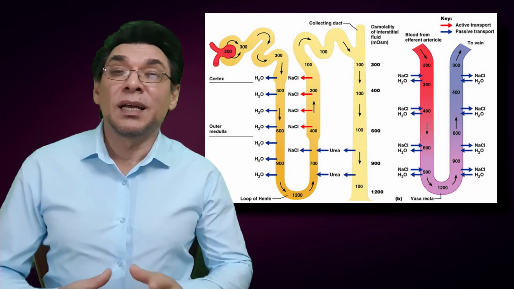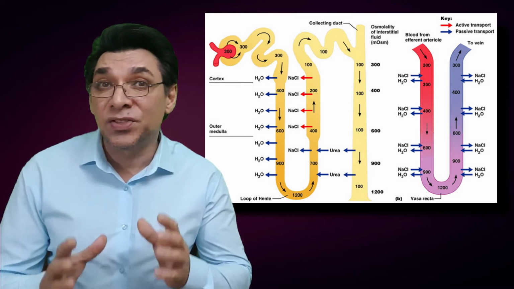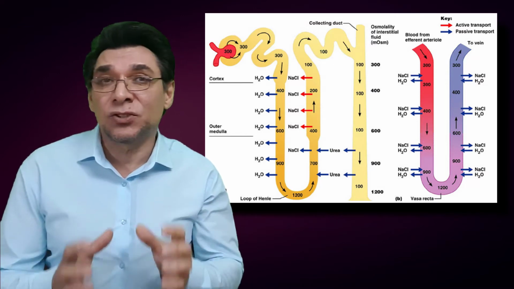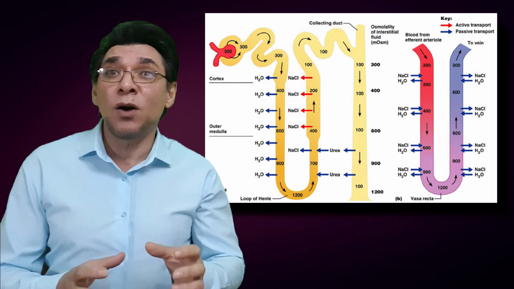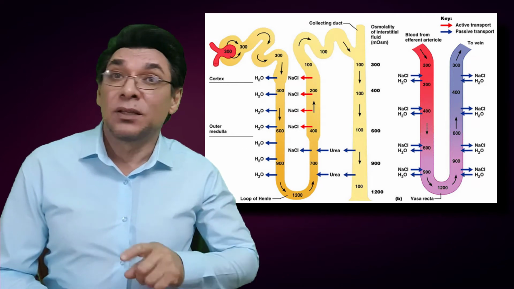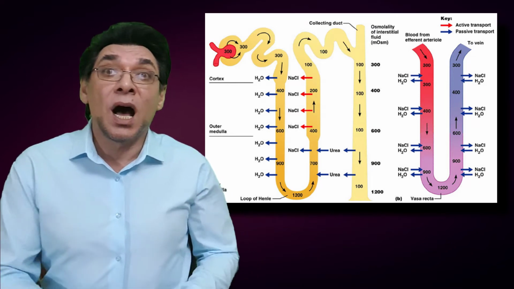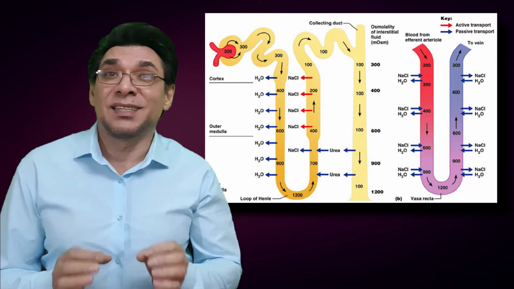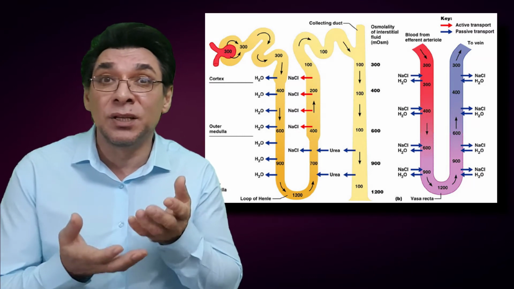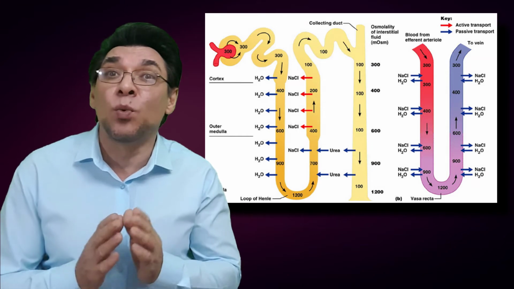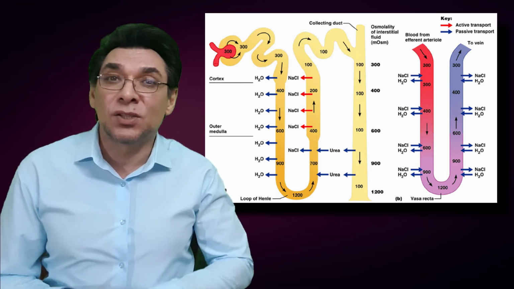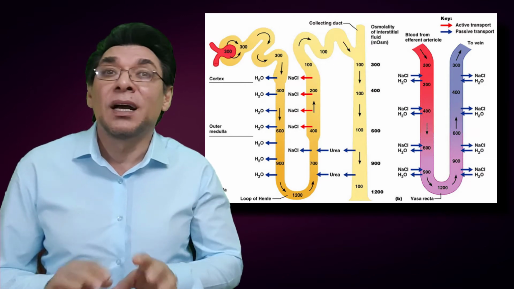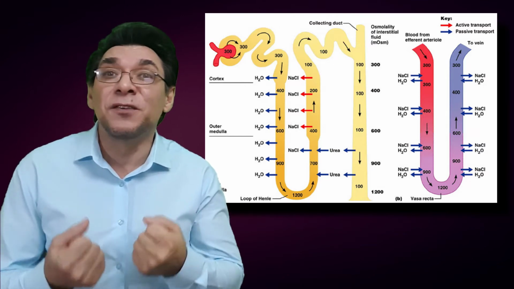The cuboidal epithelial cells of the thick segment of the ascending limb actively transport sodium out of the nephron, and potassium and chloride are co-transported with sodium. The thick segment of the ascending limb is not permeable to water. As a result, sodium, potassium, and chloride, but little water, are removed from the filtrate.